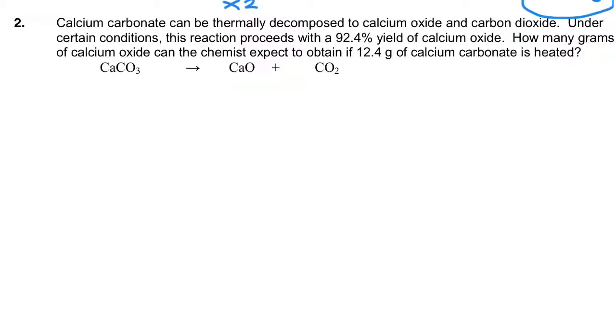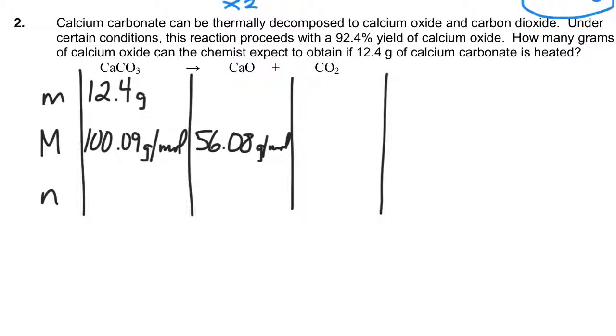We're asked how many grams of calcium oxide the chemist can expect to obtain if 12.4 grams of calcium carbonate is heated. So this time, we're heating 12.4 grams of calcium carbonate, knowing that we have a percent yield of 92.4%. How much calcium oxide are we going to get? So this time we are trying to find the actual yield.